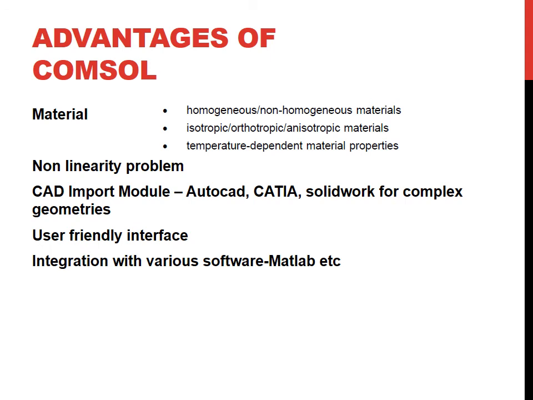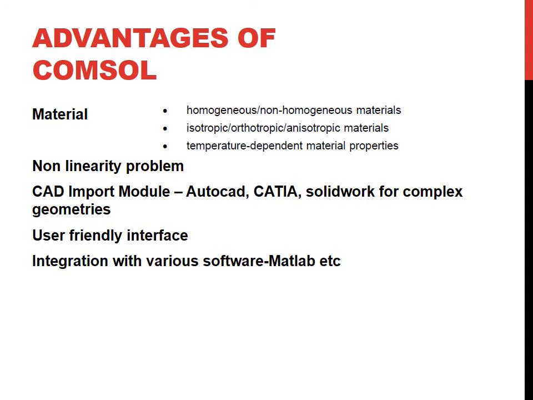So as conclusions, the advantage of COMSOL, in terms of materials, is that we can consider homogeneous and non-homogeneous materials, isotropic and anisotropic, even temperature-dependent material properties. We can solve non-linearity problems.